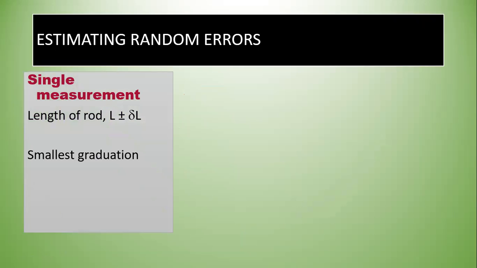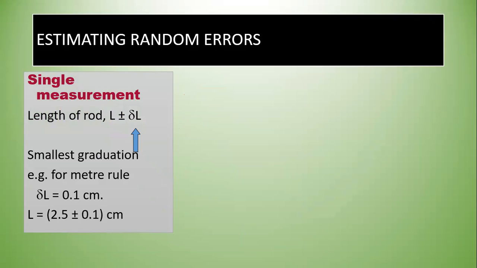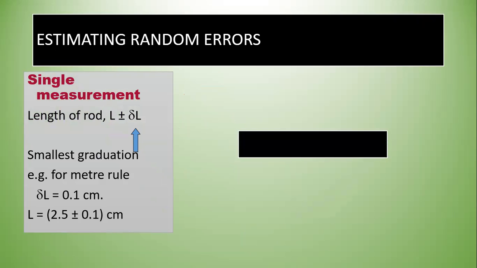Right? Let's look at other terms. That is the smallest graduation using a meter rule. Okay? Smallest, so the uncertainty is 0.1. For example, 2.5 plus minus 0.1 cm.